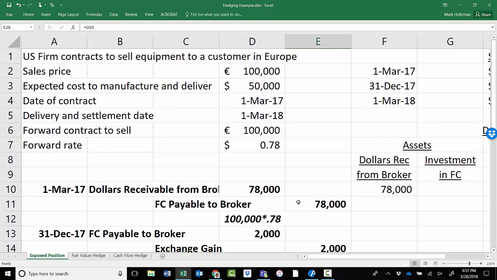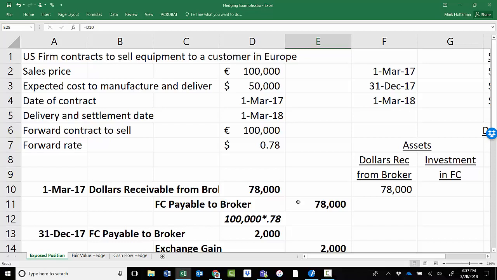And if you don't do that testing and documentation, it becomes an exposed position automatically. What's mind-blowing about this, my friends, is that you might not have done the documentation, and it really was a good hedge. But because you didn't do the paperwork right, it's not. It's a mind-blowing rule. FASB never says this about anything else in the universe, but that's what it is.